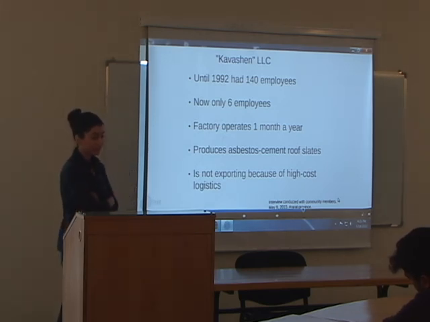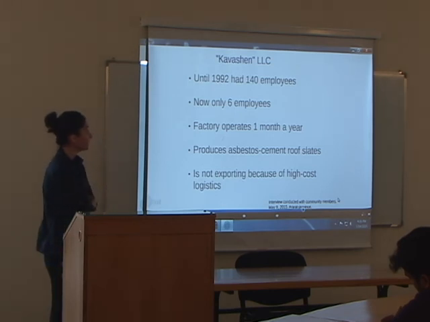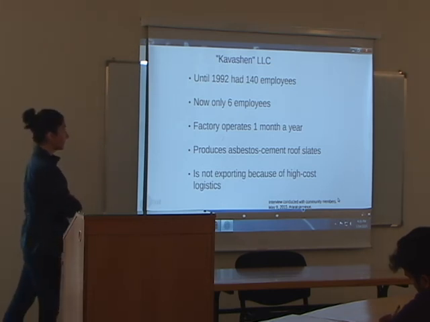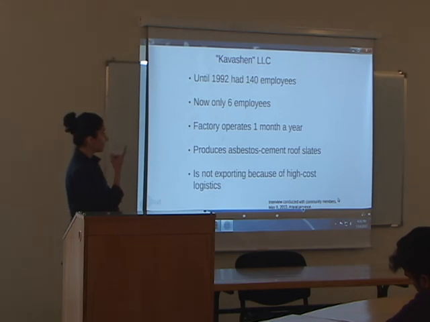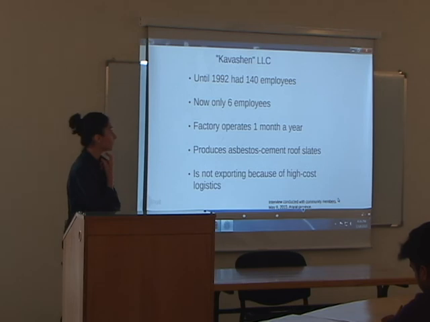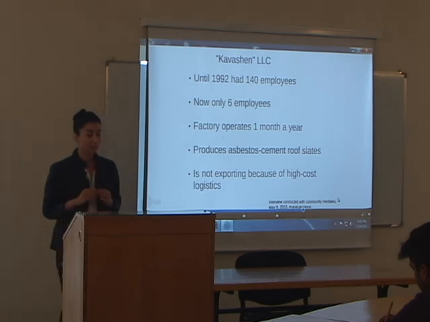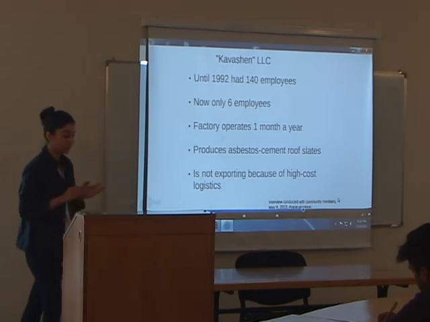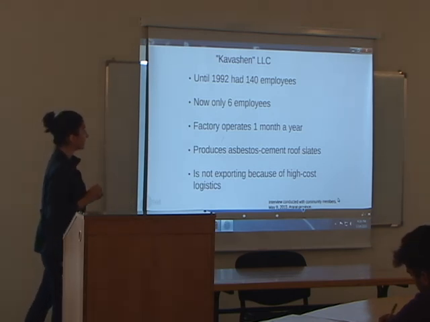And about Kavashen, until 1992 it had 140 employees working in 3 shifts. Now they have only 6 employees who work in 1 shift, and the factory operates only 1 month a year. It produces asbestos cement roof slates, and it's not exporting products to other countries because of high-cost logistics.